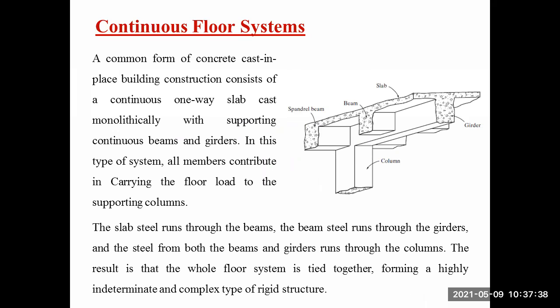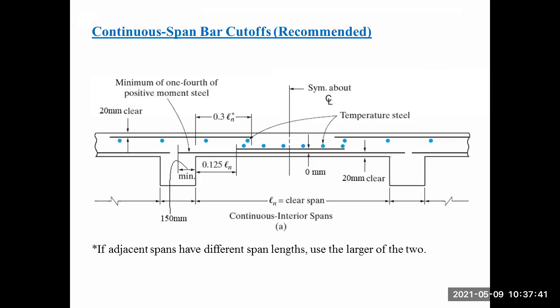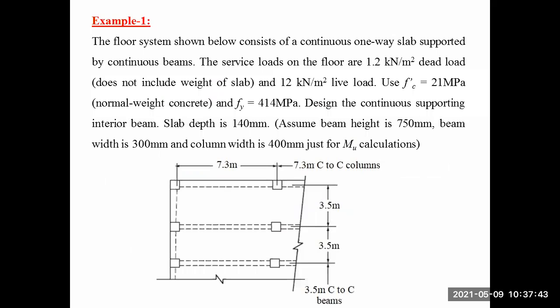So this is the floor system in 3D. This is a floor system. You see the beam is supported by columns. The complete span is not given, so we don't know how many spans we have. This is a slab supported.